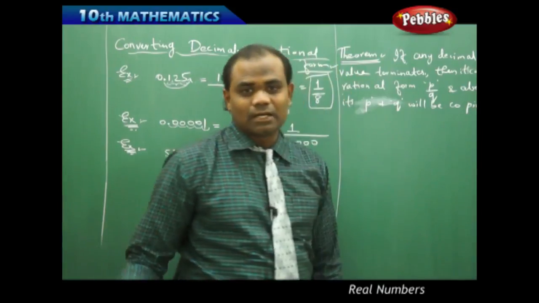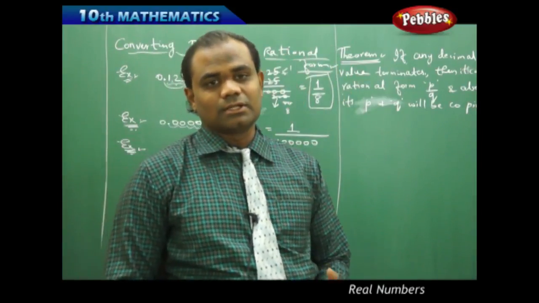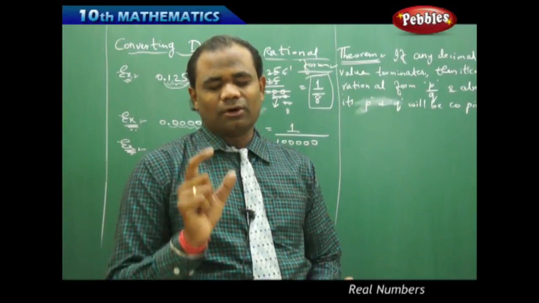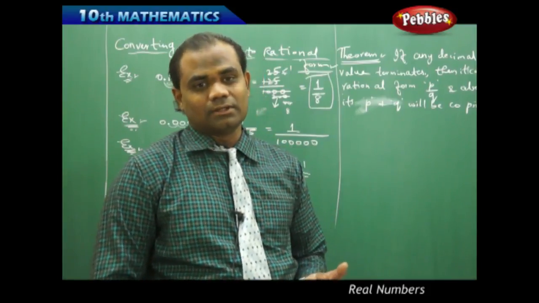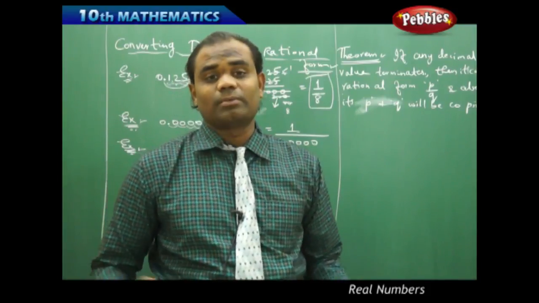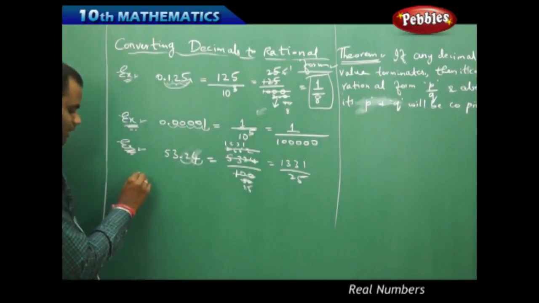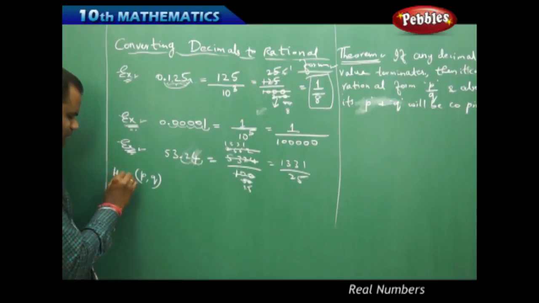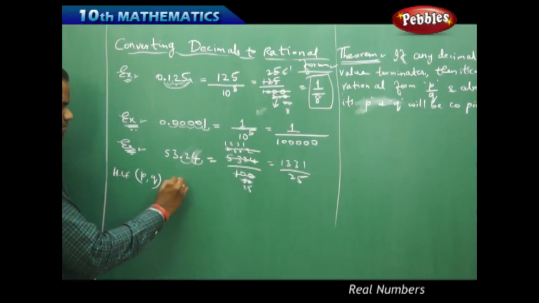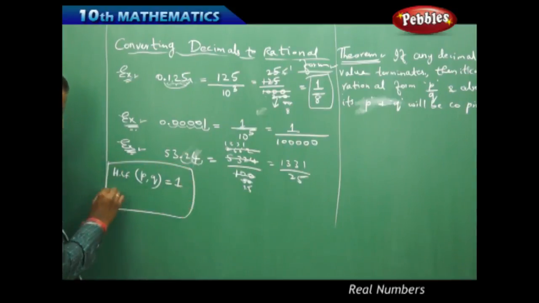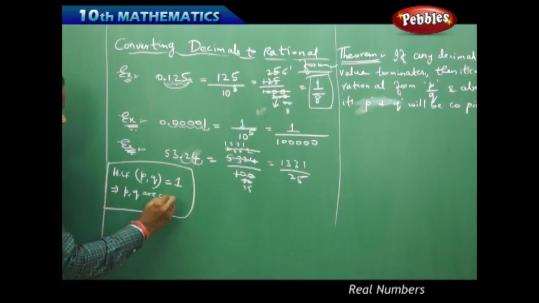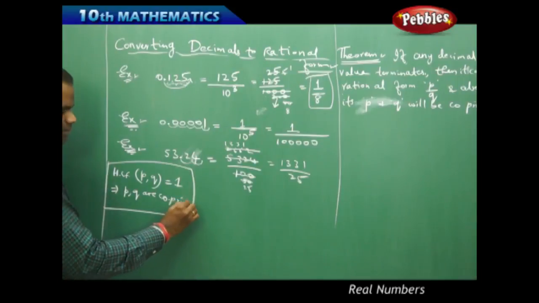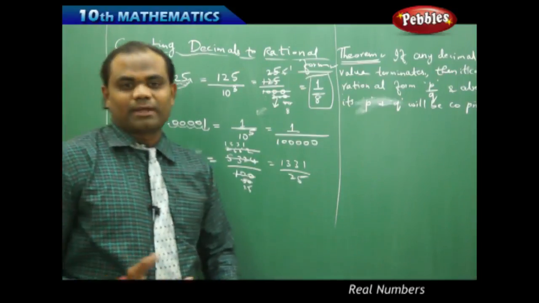Now coprimes are those values where the GCD of those two numbers is 1. So when do I say that two numbers are coprime? If the GCD or HCF of those two numbers is 1, then that implies the two numbers are coprime. So this is the testing for coprimes.